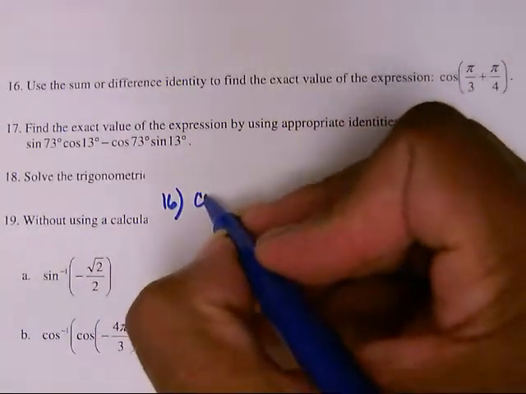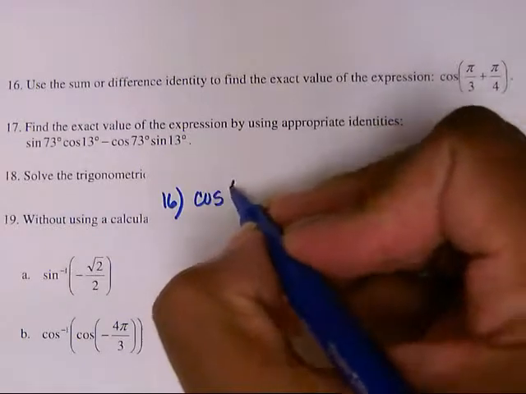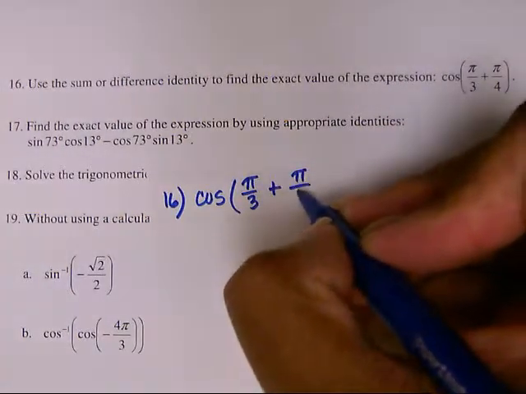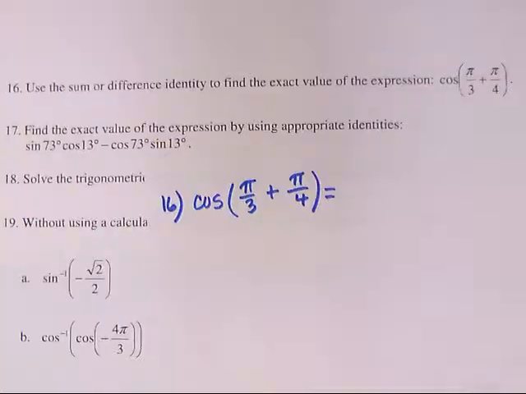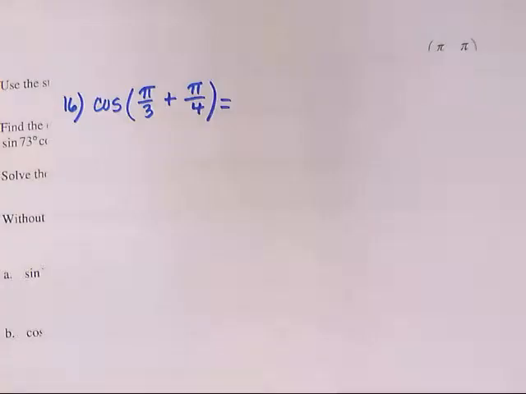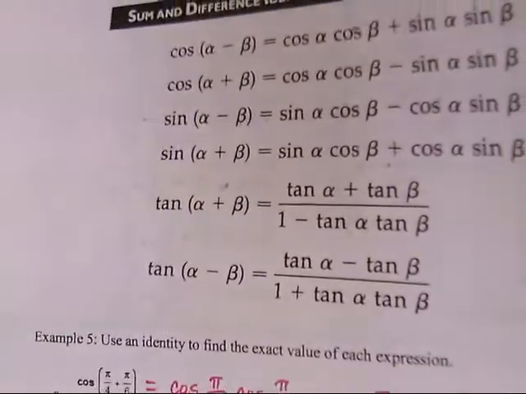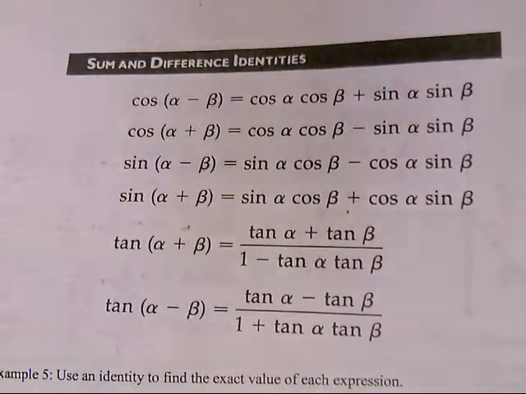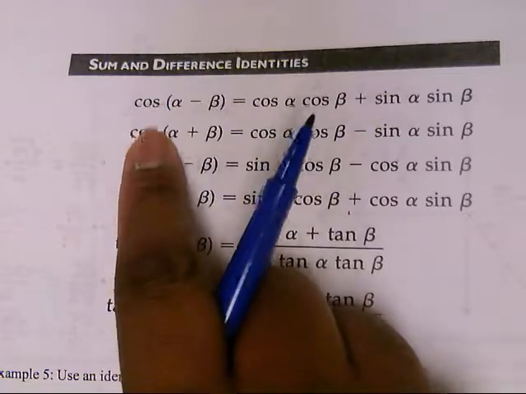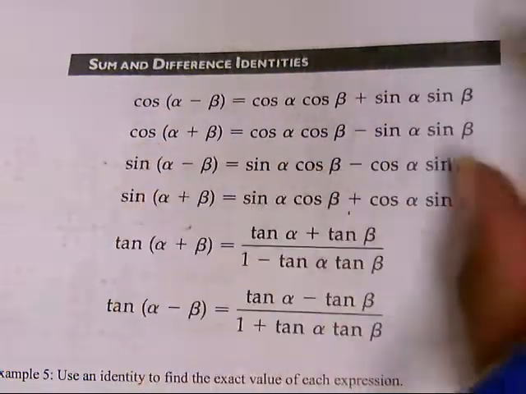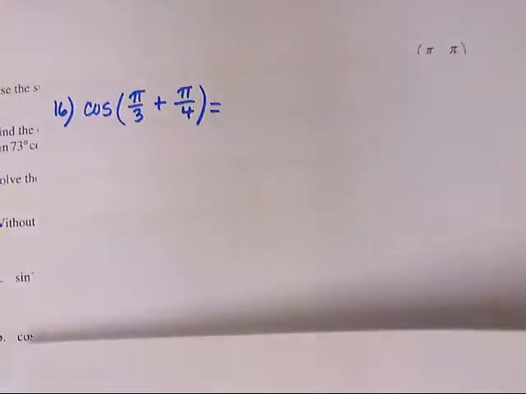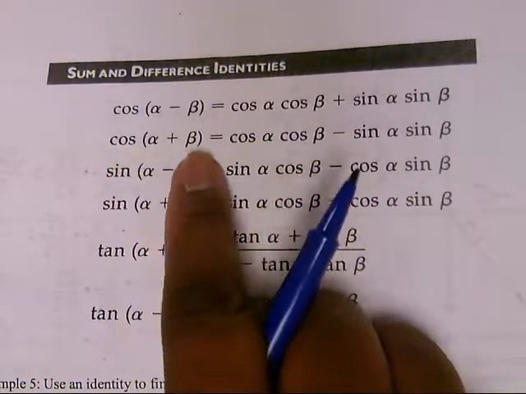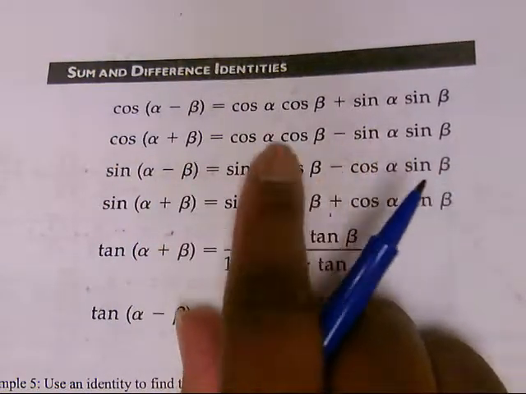So in this case, this is the cosine of pi thirds plus pi fourths. And these will be on your help sheet. Okay? Now it says cosine is going to be one of these two here. And it has a plus sign in between the two angles, so I have to use this identity right here.